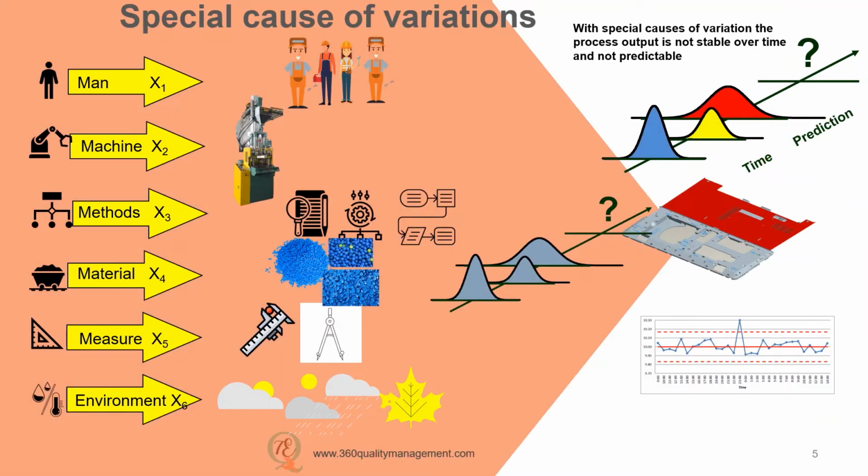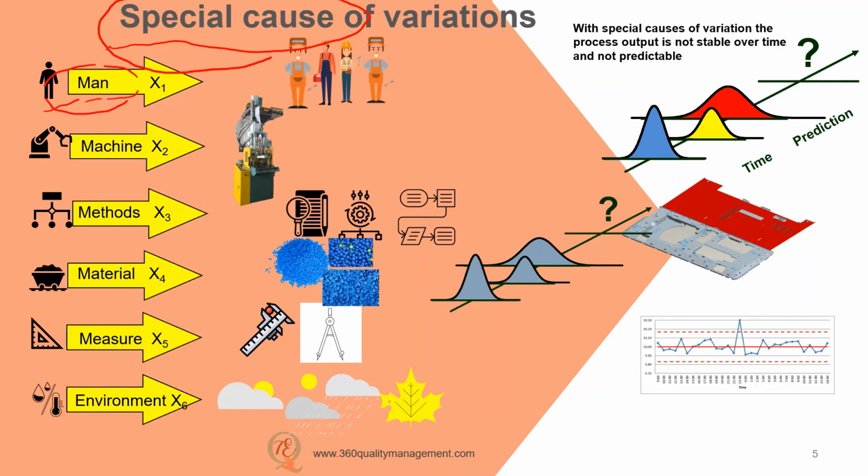The second type of variation is known as special cause variation or assignable cause variation. These happen when something unexpected changes in one or two of the process inputs itself.